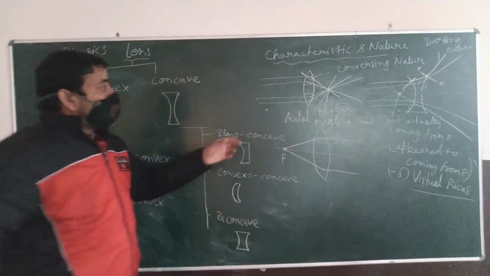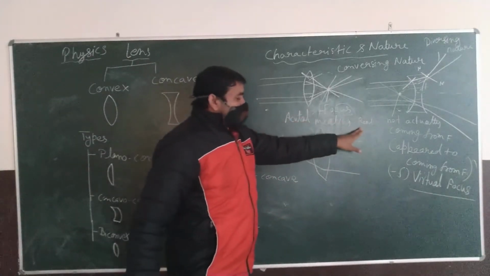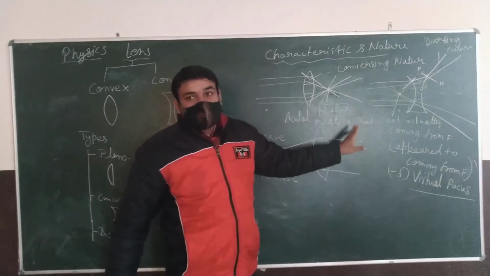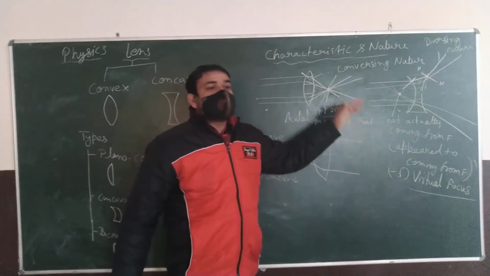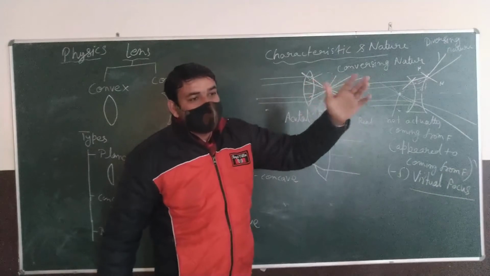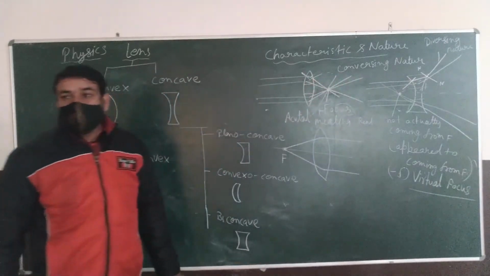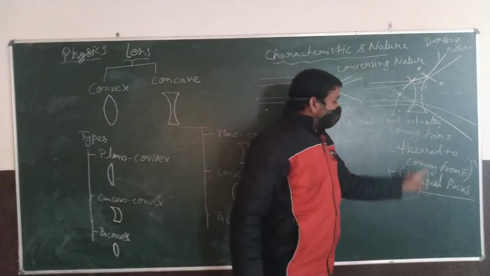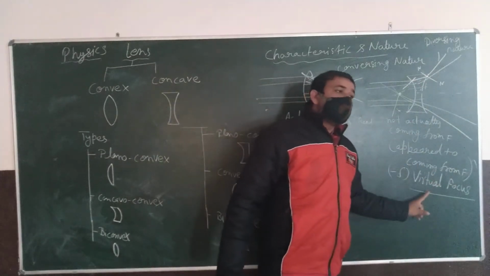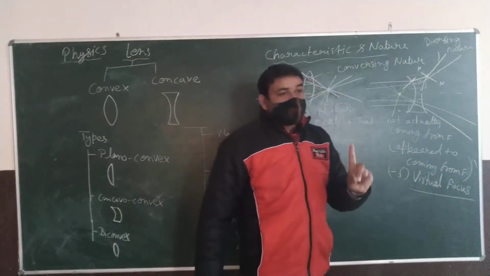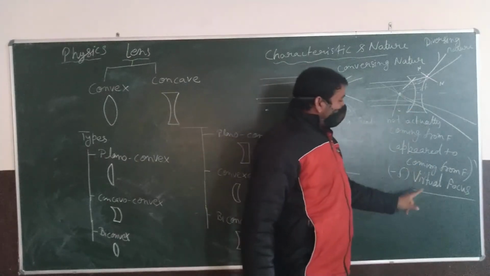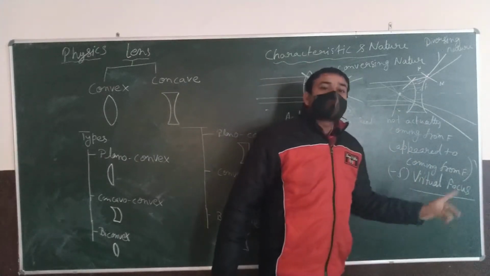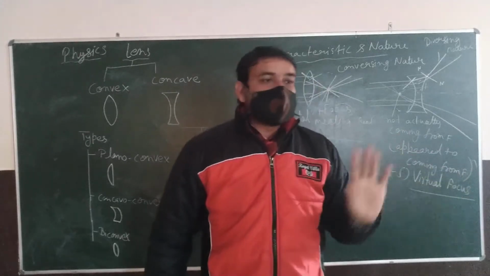A convex lens is able to form all three kinds of size of image: small, larger, and equal. But a concave lens has a virtual focus, so it can only form virtual images. Second, the image formed by a concave lens is always smaller in size. Okay.